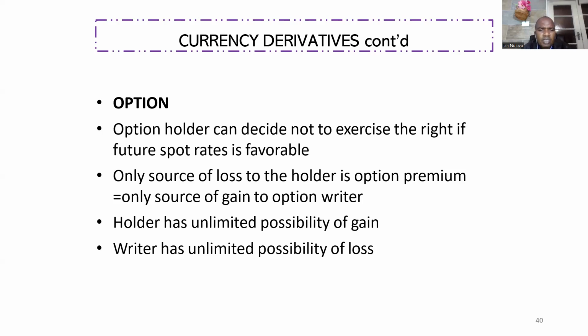But if spot rates in the future deteriorate, say their obligation was to pay 100,000 US dollars. At the date when they entered into that contract, the exchange rate was 1 USD to 13 rands.